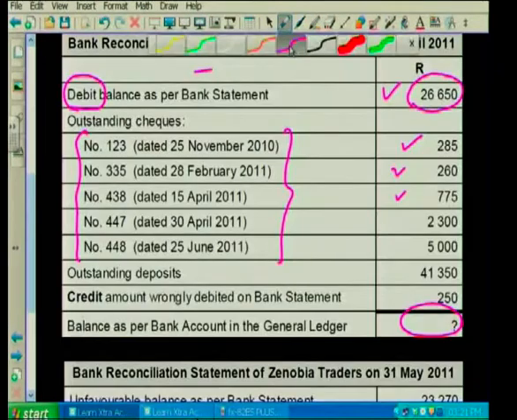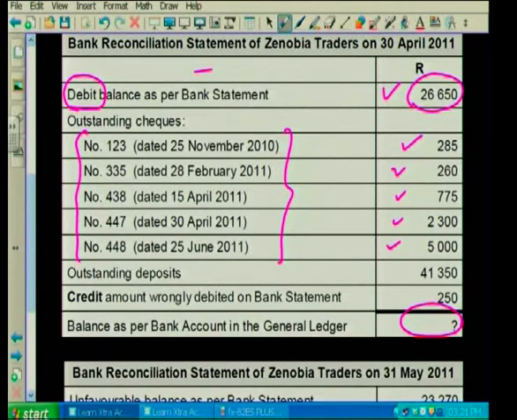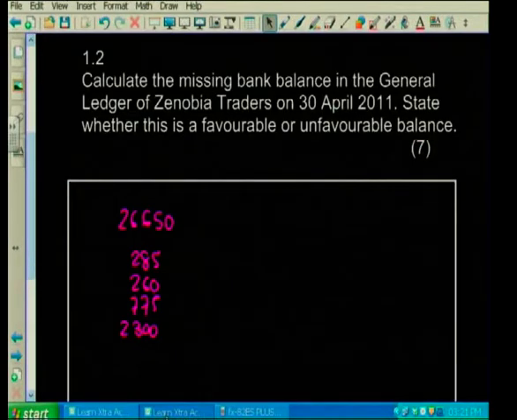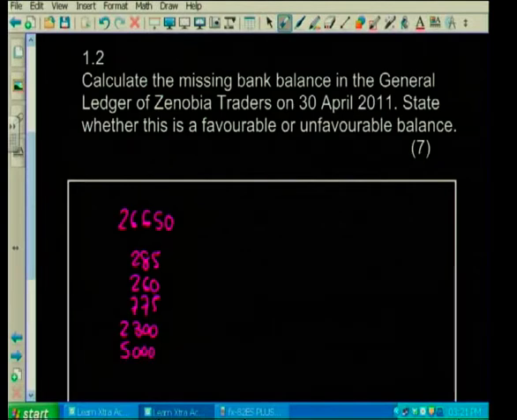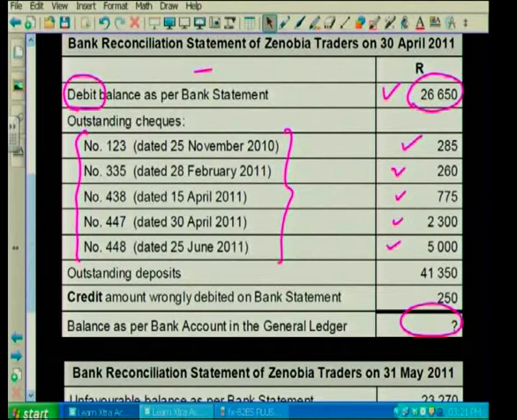2,300. The next one, 5,000. So I am putting all the debits in one line. Reason, I want to calculate a missing figure. So here goes now. Next one, outstanding deposits, 41,350.